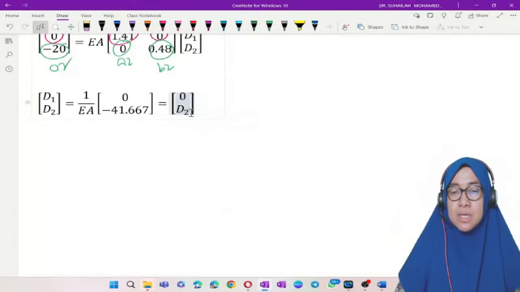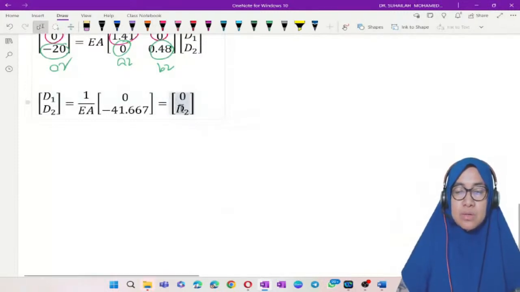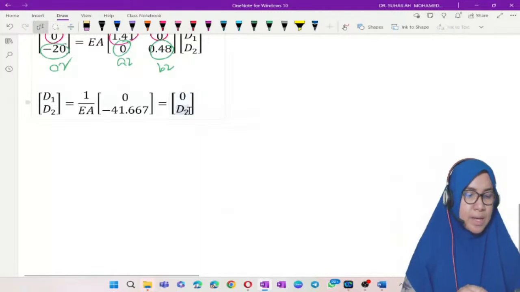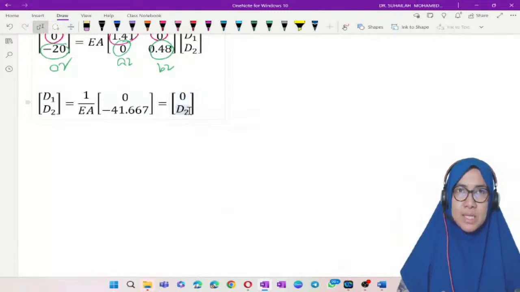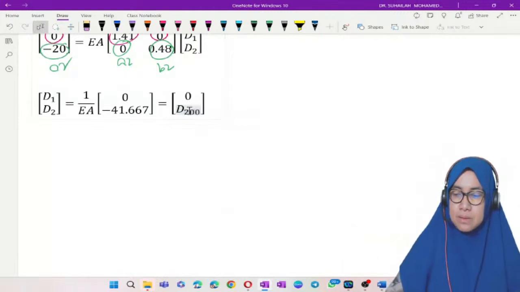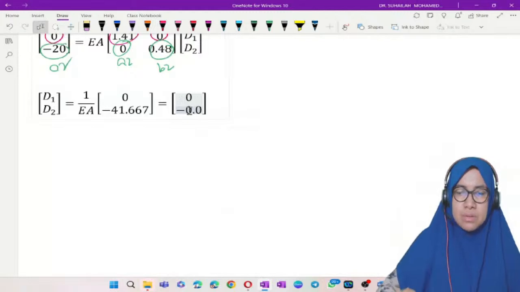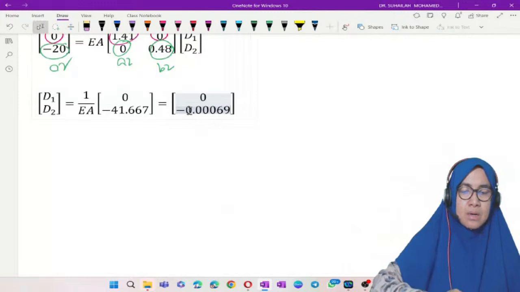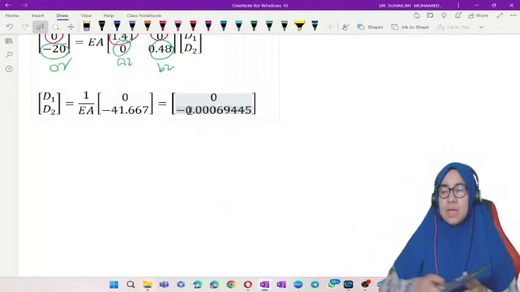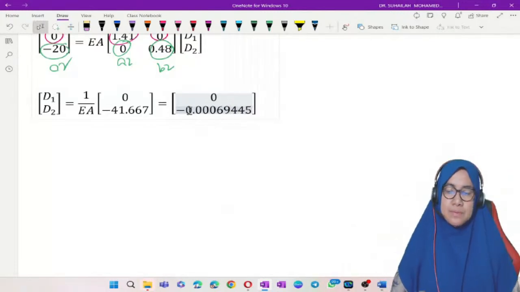So this D2 we get from 41.667, and we divide by 200 and 300. So we get negative 0.000069445 meter.